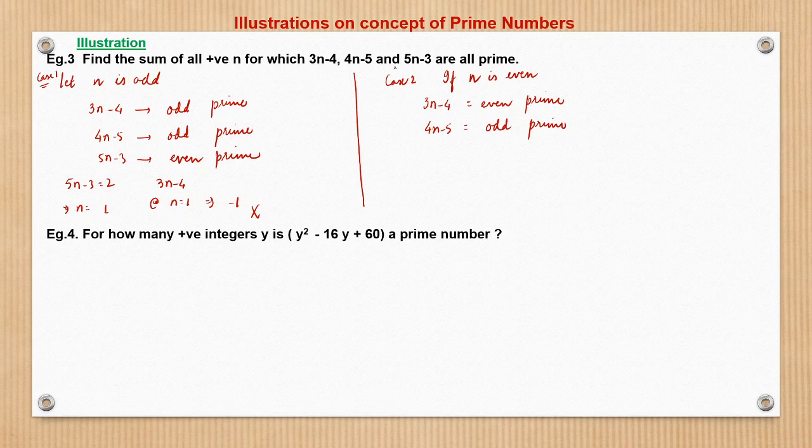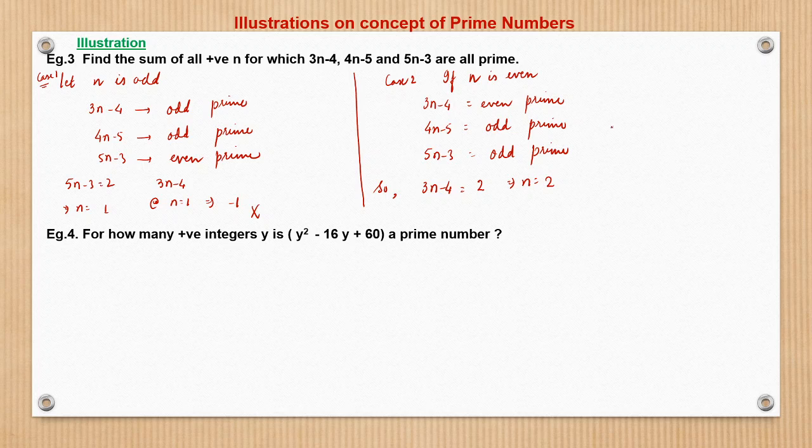Why prime? Because it's given that these three numbers are prime. And 5n minus 3 is what? Even minus odd is odd prime. So here only one case is even prime, and that will be nothing but 3n minus 4, which is 2. So from here we get n equal to 2.